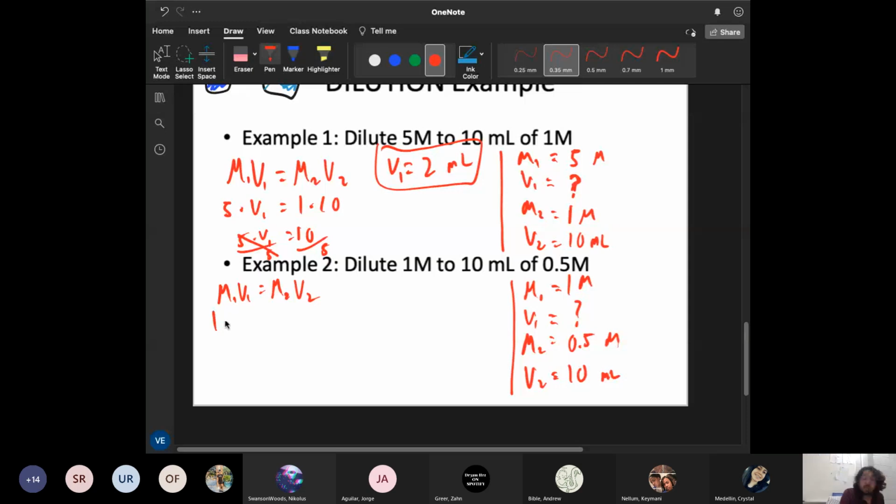What is 0.5 times 10? It's 5. And 1 times V1 is just going to be V1. That's your answer. V1 was 5 milliliters. And so that's today's lesson on molarity and dilution.